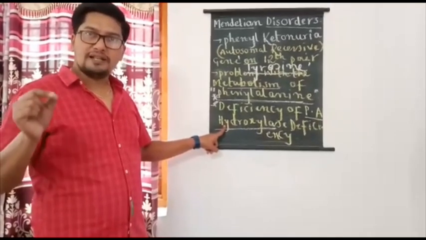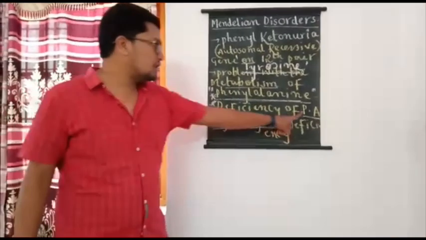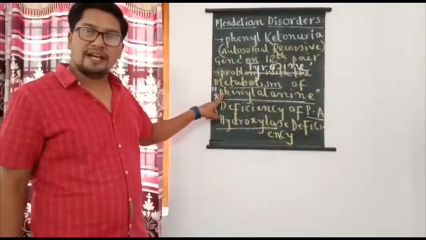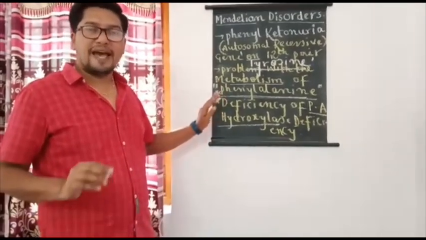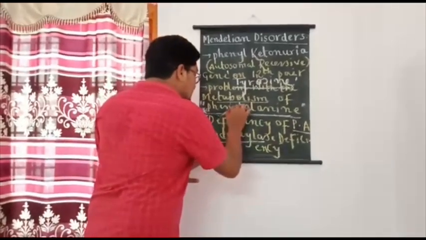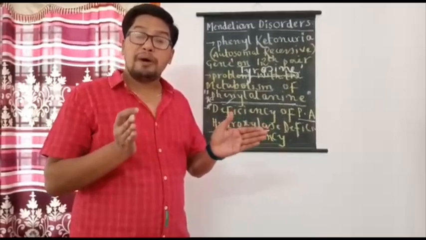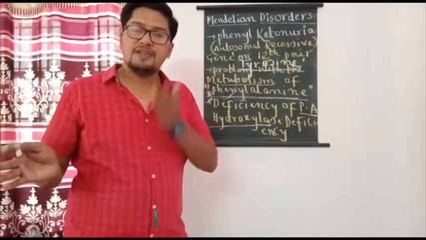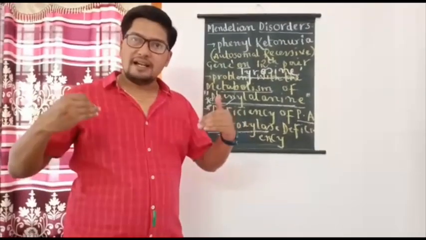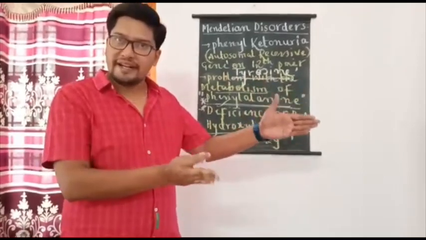Whenever a child suffers from deficiency of phenylalanine hydroxylase, phenylalanine cannot be converted into tyrosine. As it cannot be converted into tyrosine, it is stored in the body in the form of phenylpyruvic acid derivatives. When these derivatives accumulate in the body tissues, it causes mental retardation.